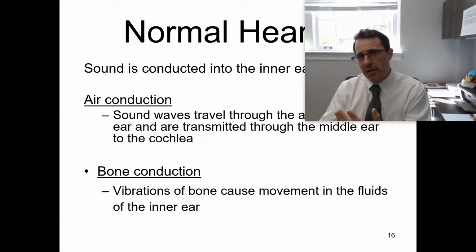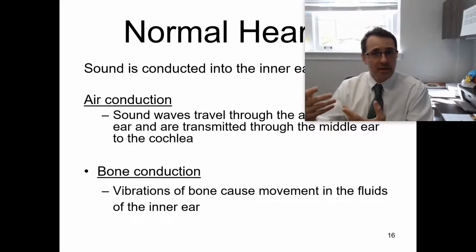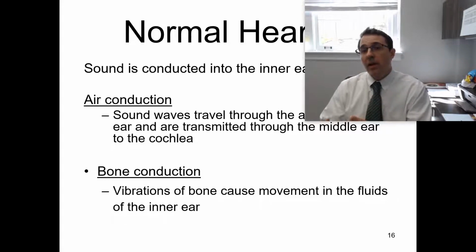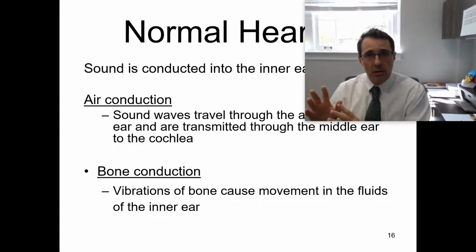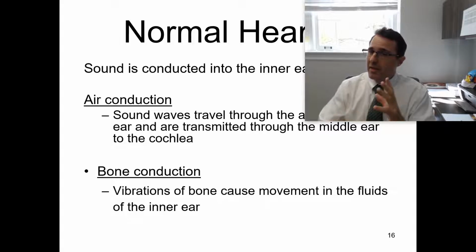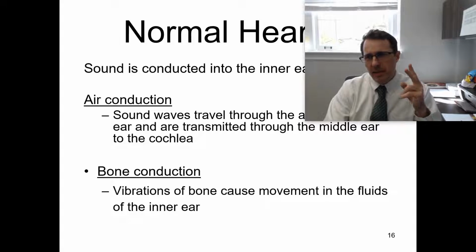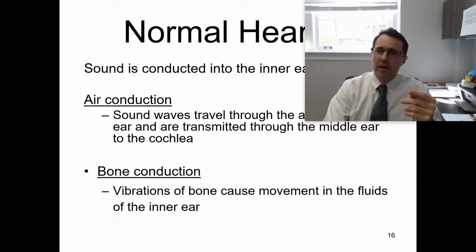And it's the stimulation of these hair cells that allows us to hear. So if you stimulate the hair cells in the cochlea, then you're stimulating hearing. We can stimulate the hair cells in the cochlea two primary ways.